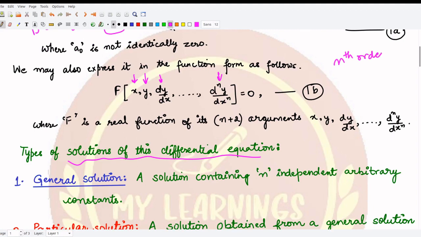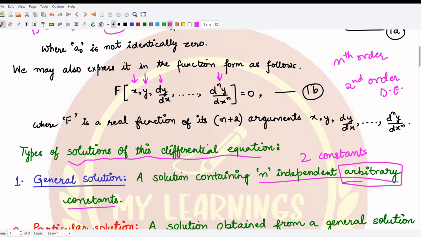So if you have a second order ordinary differential equation, then in its solution you would have two constants, and the constants can take any value. What does it mean to be arbitrary? Arbitrary means they can take any value. It is not restricted that they should take certain particular values.